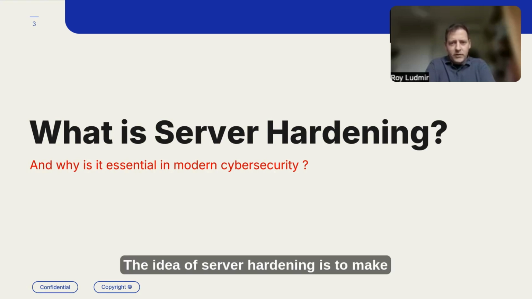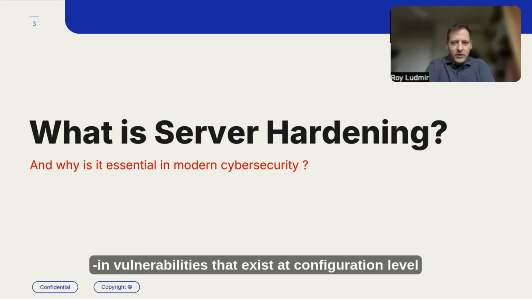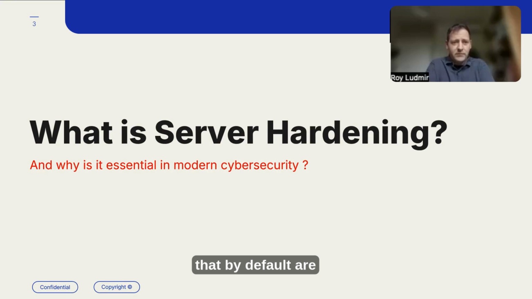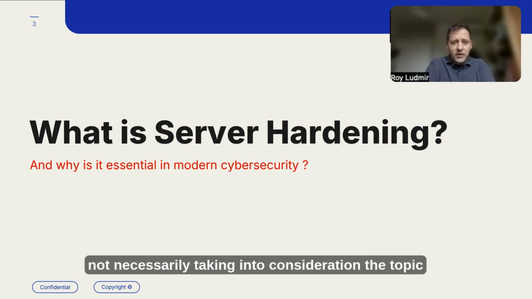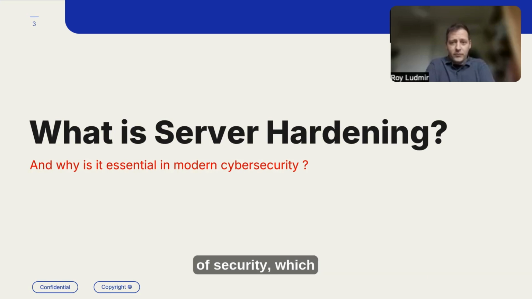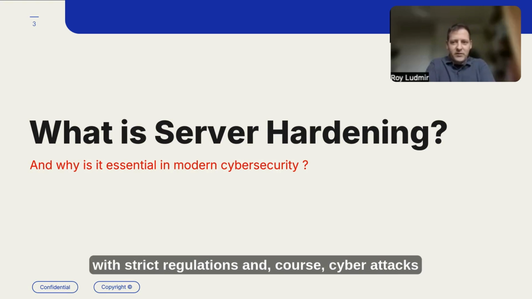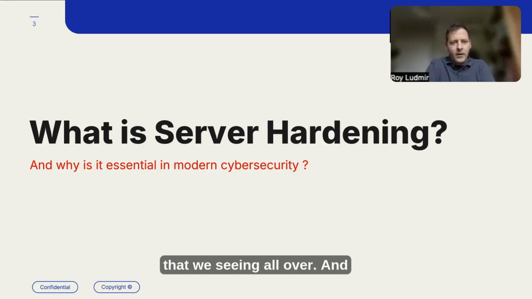The idea of server hardening is to make sure that we are avoiding any built-in vulnerabilities that exist at the configuration level of operating systems or applications that by default are manufactured or configured for optimal operation of installation of applications, but not necessarily taking into consideration the topic of security, which nowadays is becoming more critical with strict regulations and, of course, cyber attacks that we are seeing all over.